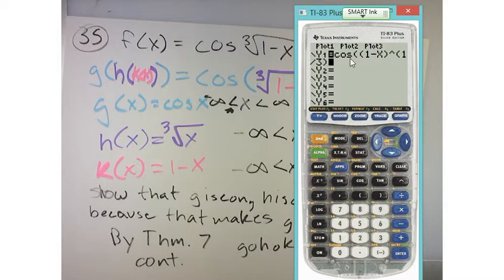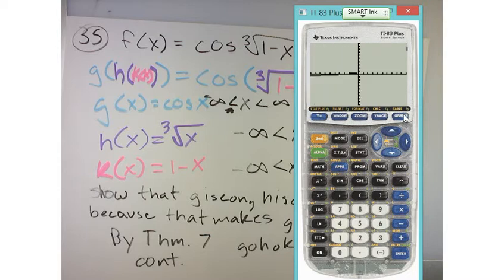Now I've got 3 open parentheses, so I need 1, 2... Is that it? Are you sure? Yes, because I got another closed one right here. Alright, now we're going to hit graph.